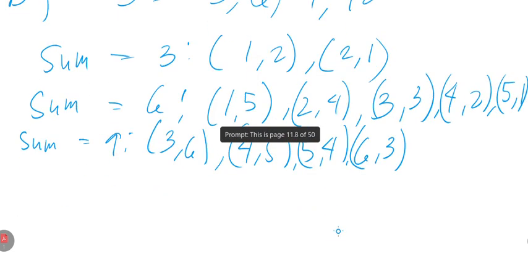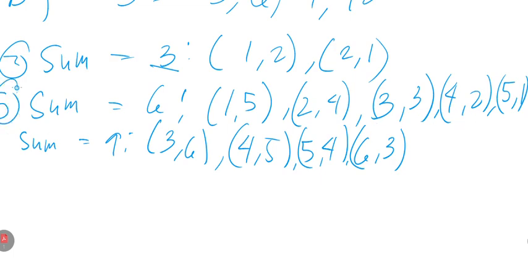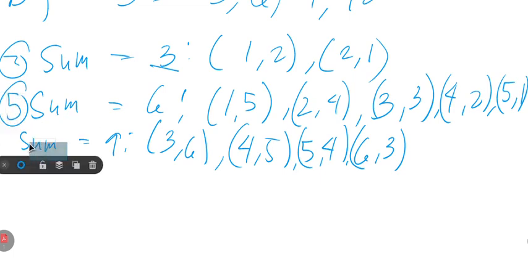Now let's look. For the sum of 3, there are 2 of them. For the sum of 6, there are 5 of them. For the sum of 9, there are 4 of them.